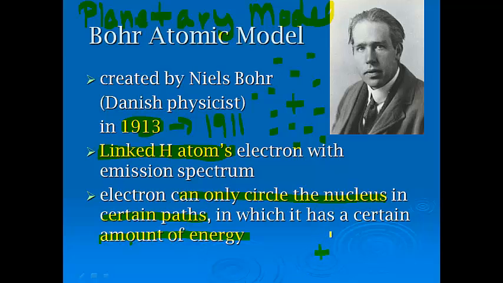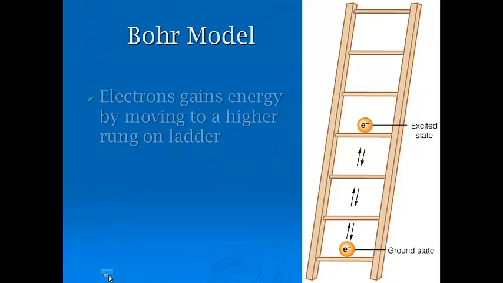We had a nucleus in the middle, and then all these different orbits, not totally to scale, with different energy levels, and the electron could travel in any of those orbits or paths. That made sense because it was very similar to the planetary solar system model. So the Bohr atomic model is also the planetary model.